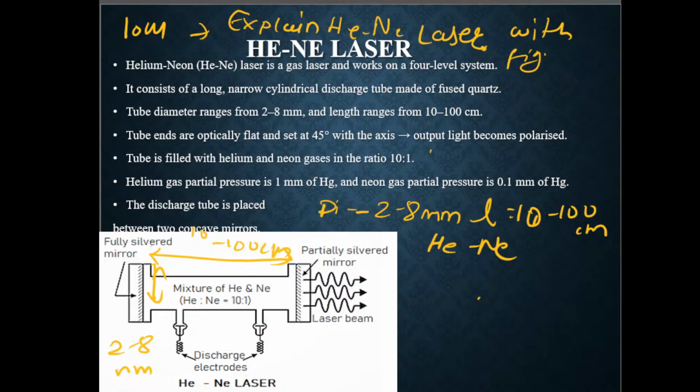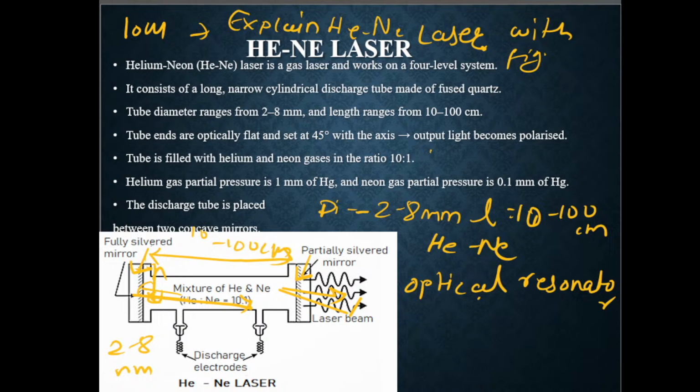Then after that, we are using here one fully reflecting surface and one partially reflecting surface. ऑप्टिकल रेजोनेटर, जैसे रूबी लेजर में किया था वैसे ही, this is the optical resonator, and one is the fully reflecting surface and one is the partially reflecting surface. So whatever the rays coming towards the fully silvered mirror, that is exactly returned back and then it will be coming out through the second mirror, that is the partially silvered mirror.